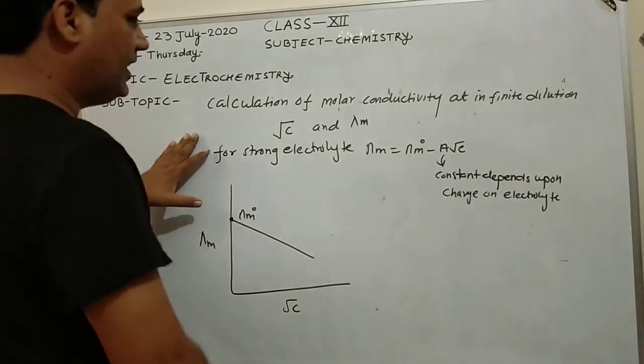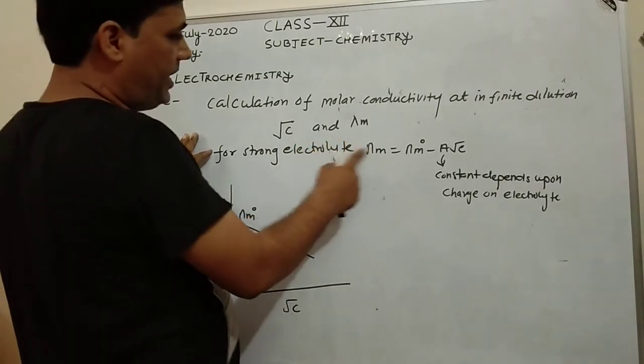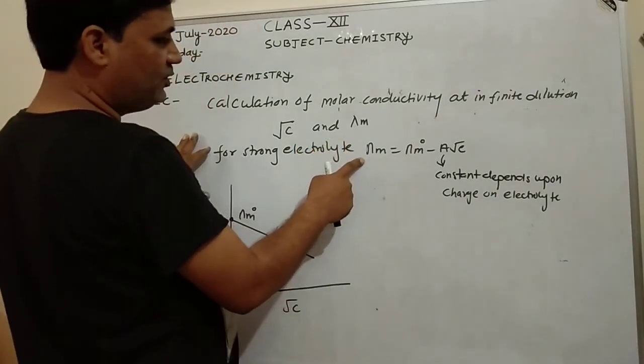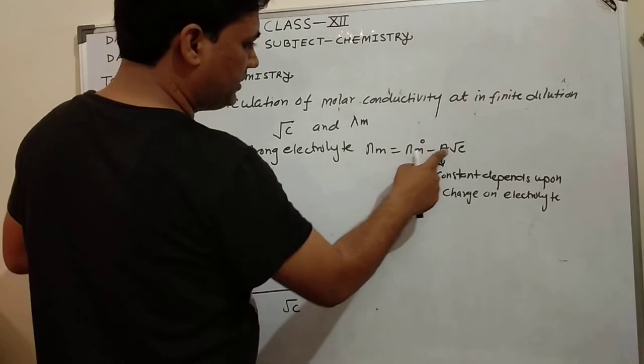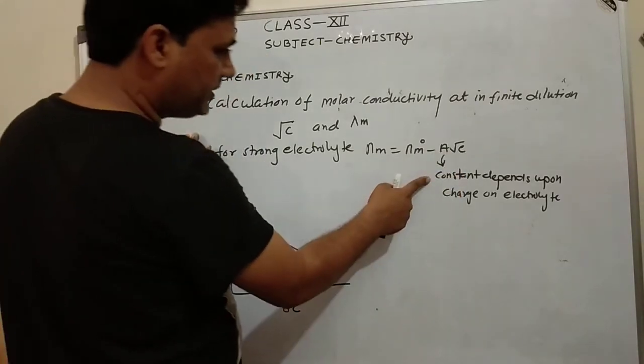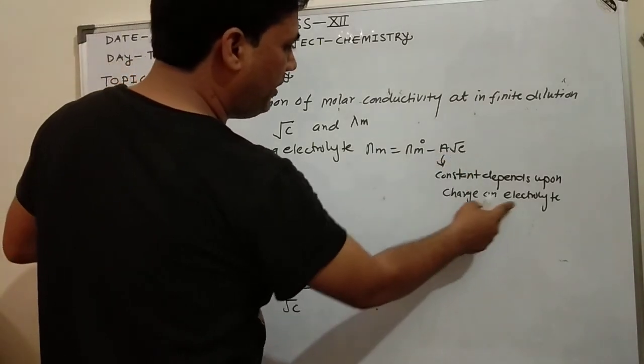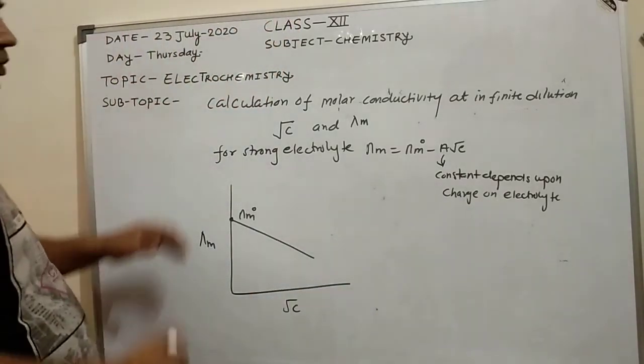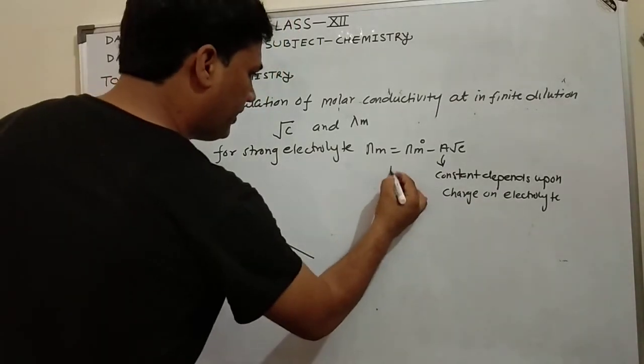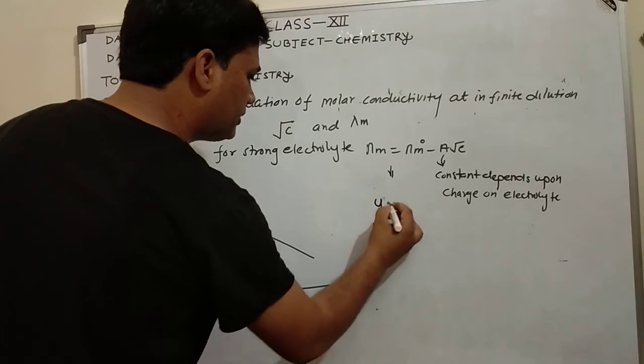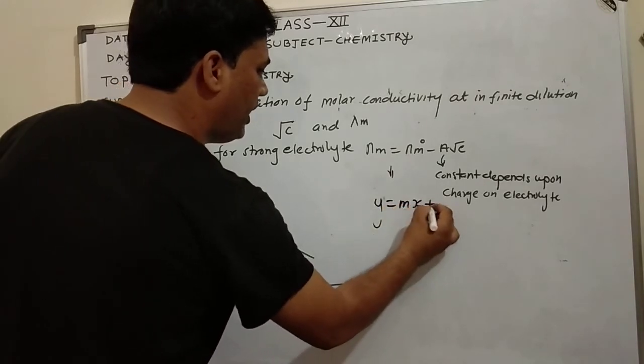So for a strong electrolyte there is a relation between lambda m and lambda m naught. Lambda m is equal to lambda m naught minus A root c. A is a constant that depends on the charge on the electrolyte. We can easily plot a graph by taking a straight line equation y is equal to mx plus c.